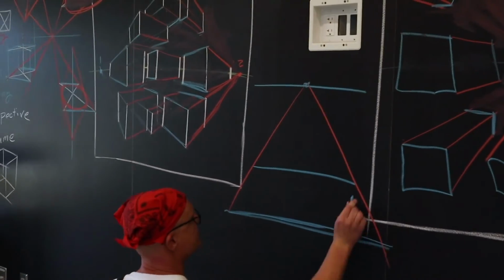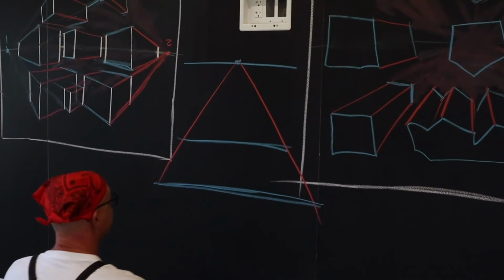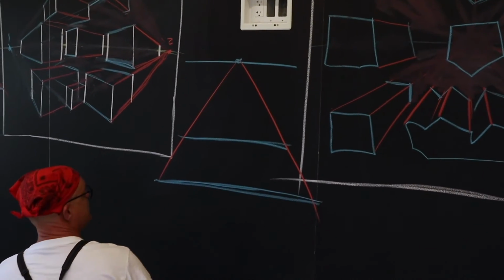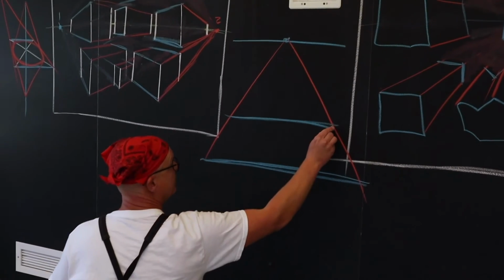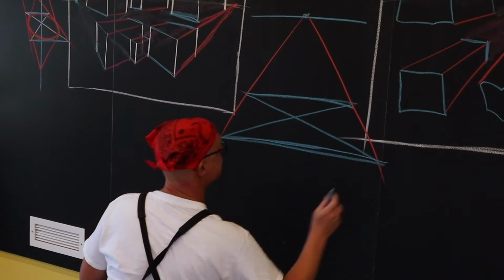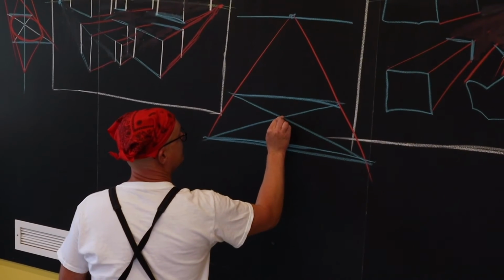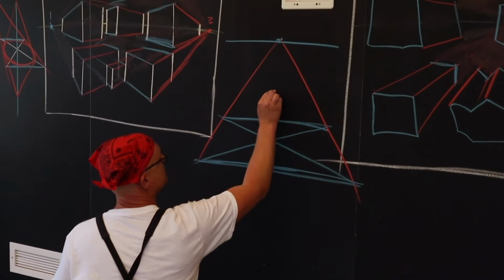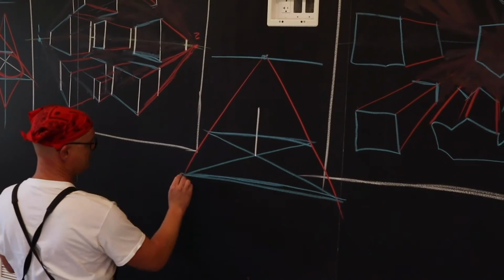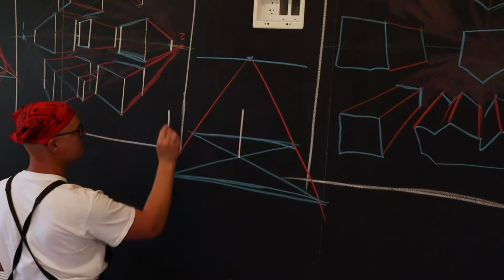Maybe I should make my lines a little straighter. There we go. Okay, so now I've got my plane. Now I just need to find the center by joining the corners. Now I'm going to go ahead and bring the center up so I know where the middle is. I'm going to bring all of the sides up as well.